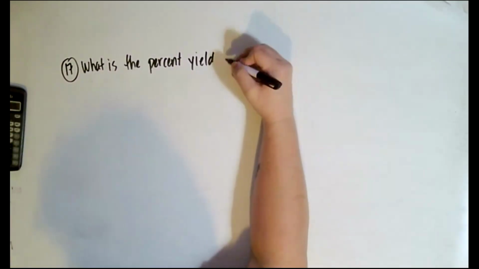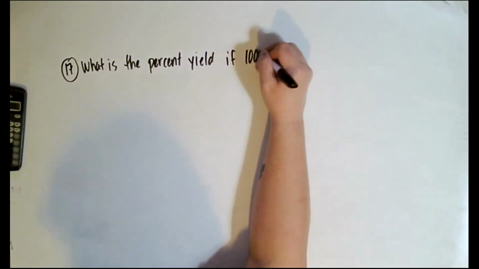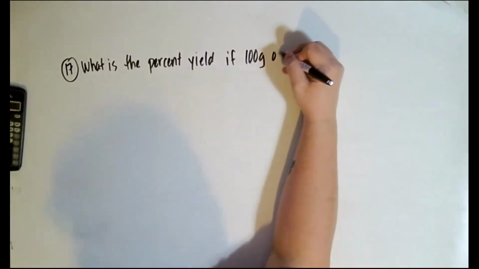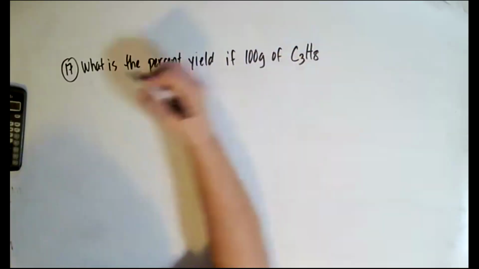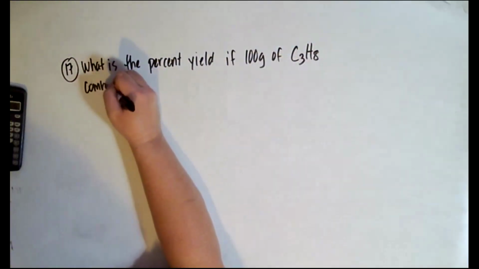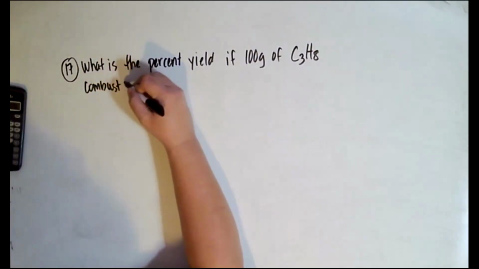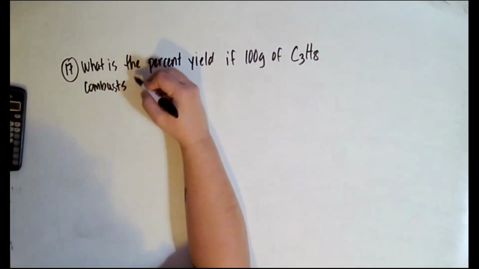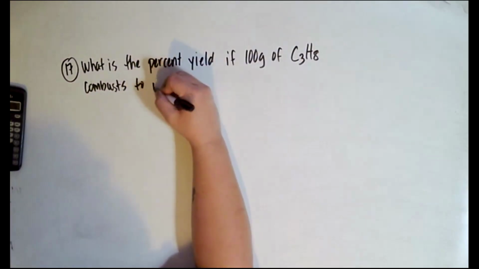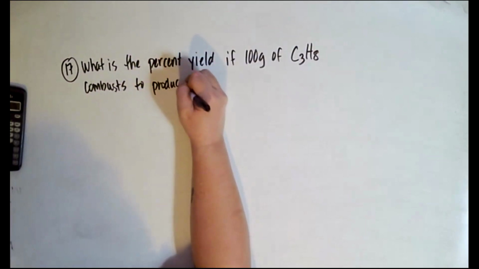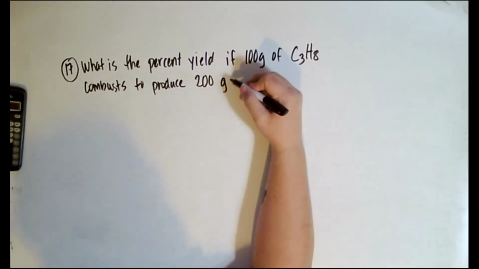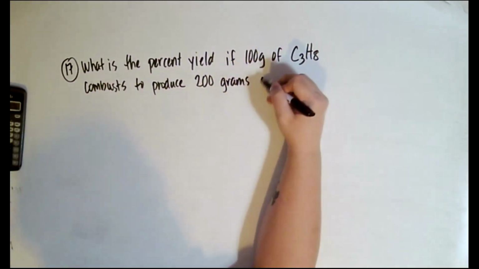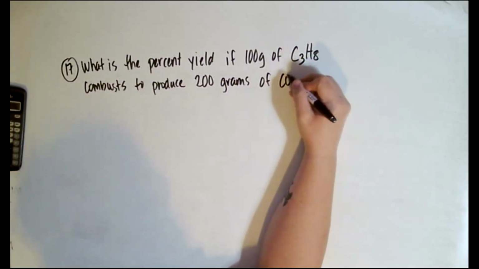What is the percent yield if 100 grams of C3H8 combusts to produce 200 grams of CO2?